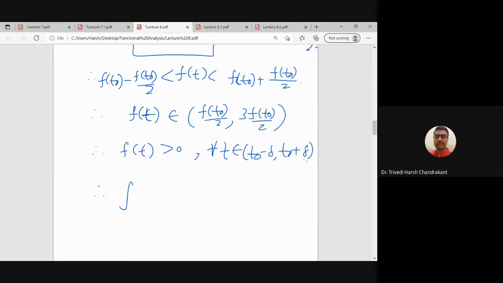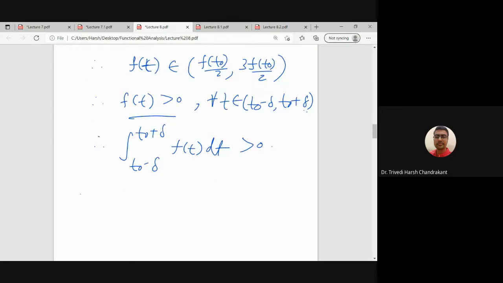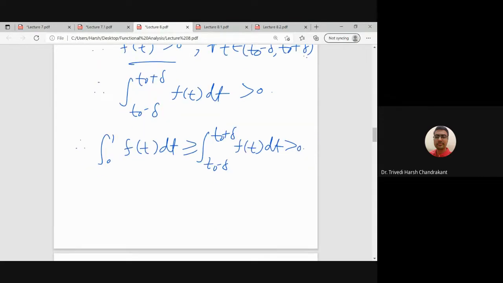So now we take integration over this interval of the f(t) function. Then since it is positive on this interval, this is greater than 0, and that will force that the integral of f(t), which is bigger or equal to this integral over the interval, which is positive, which is a contradiction.